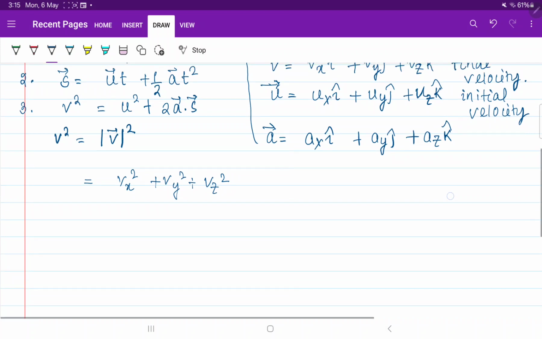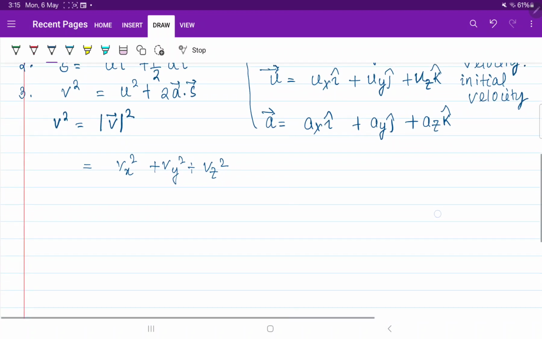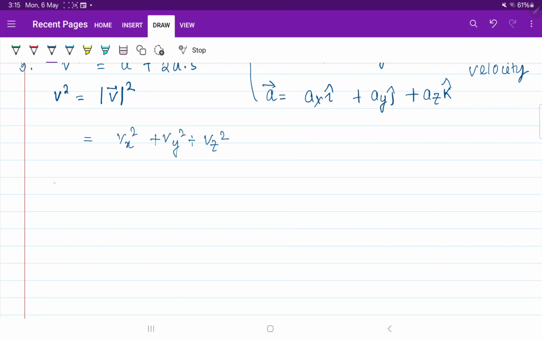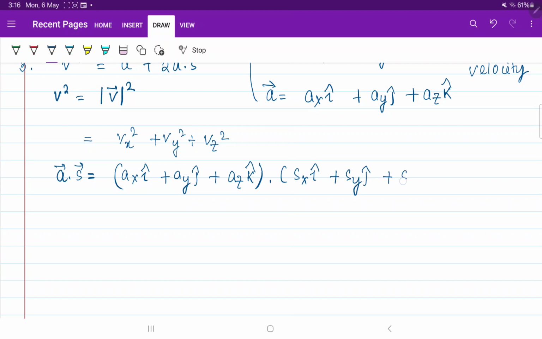All these things we have already discussed in the previous classes. The dot product a dot s can be written as ax i cap plus ay j cap plus az k cap dotted with sx i cap plus sy j cap plus sz k cap.